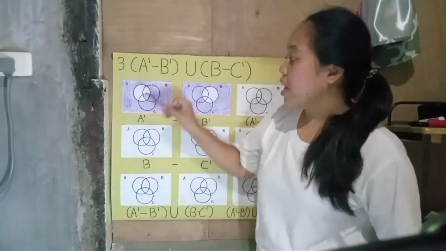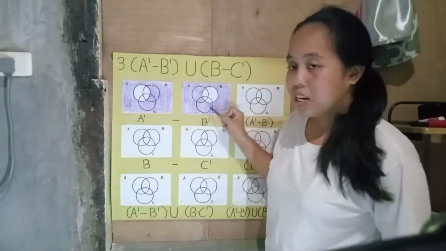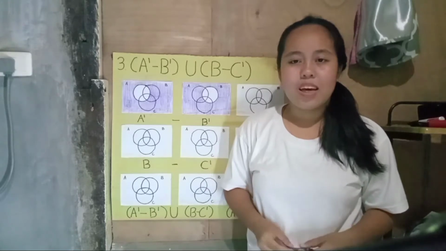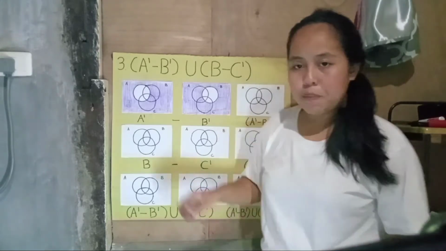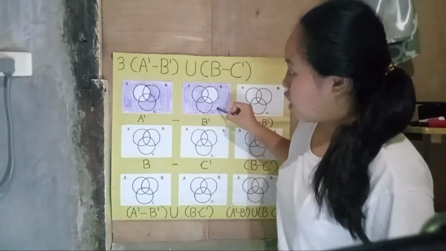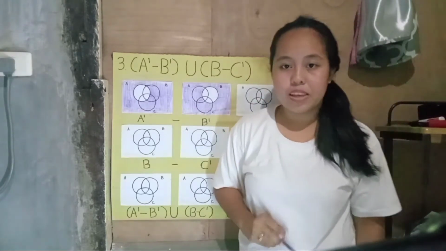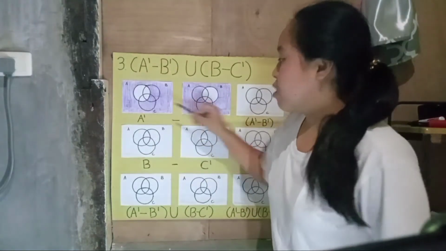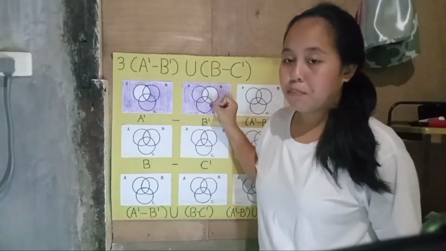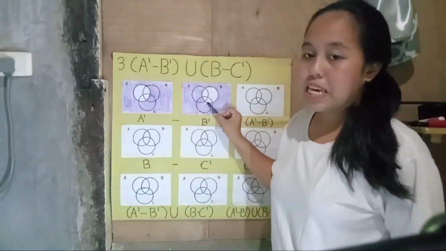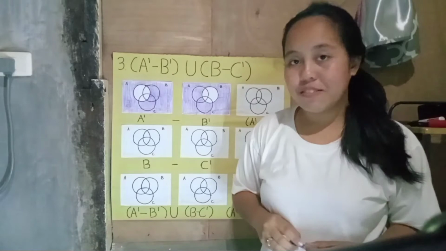After shading the A complement and B complement, we realize the equation says the complement of A only minus the complement of B only. So we're going to find the A complement without the B complement. So A complement only minus B complement. So we have this.